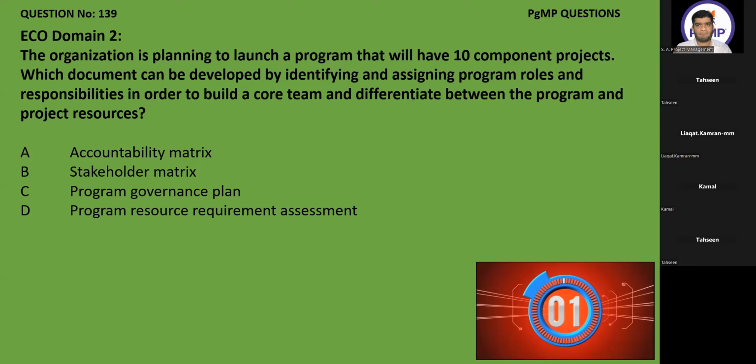Next, C. The program governance plan will be on top of the program, so that will also not be possible. Why? Because a program governance plan will focus directly on the program, or in the worst case, if project issues escalate, then it will go to the program level, and only then will the program governance plan act. So projects will not be taken care of by the program level plan.